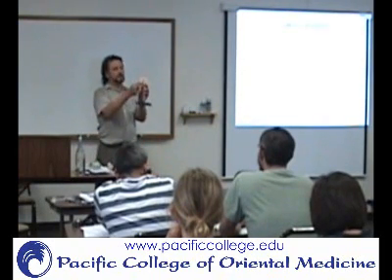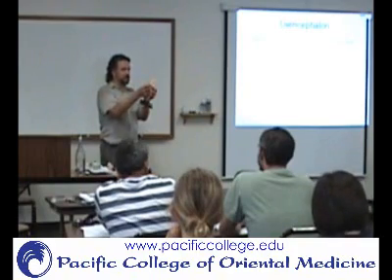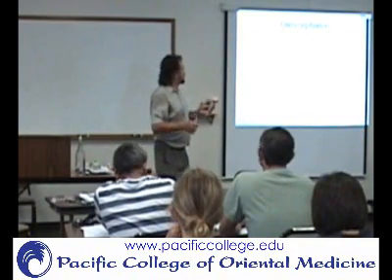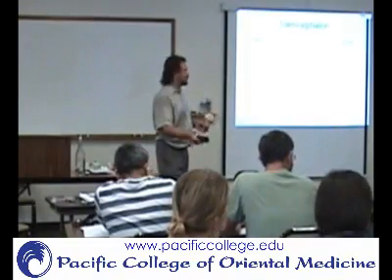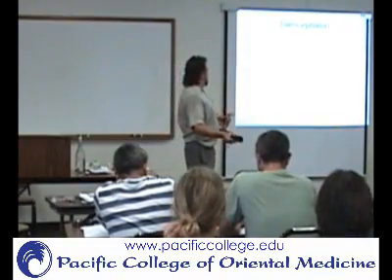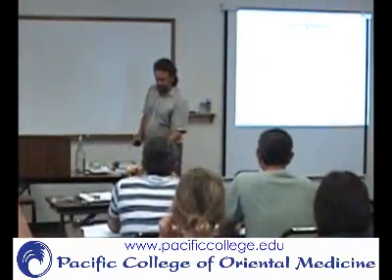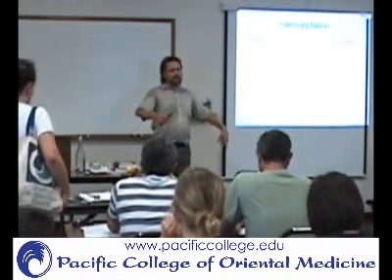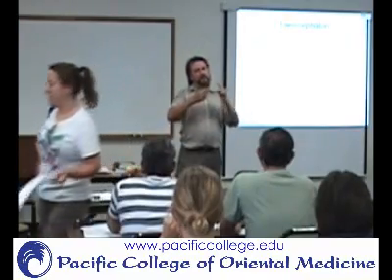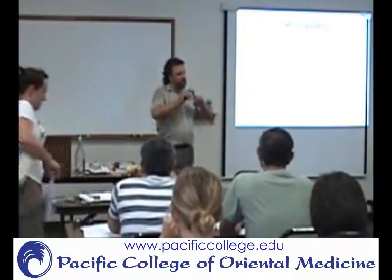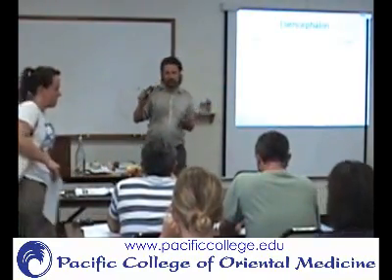So this is the thalamus, and down below you have the epithalamus and the hypothalamus. Like I said before, whenever you have sensory information, it's coming from the perimeter of the body, and then it goes into the thalamus, and from the thalamus it goes to the cerebral cortex.